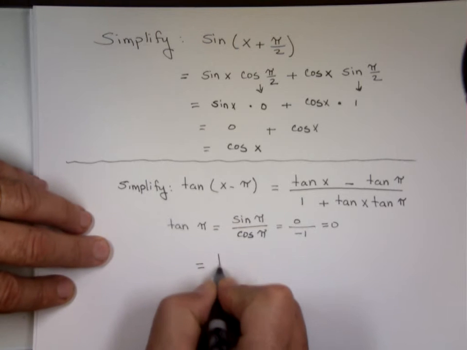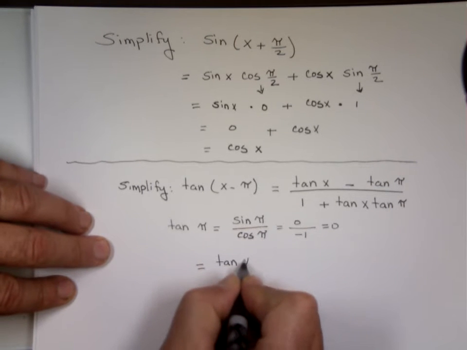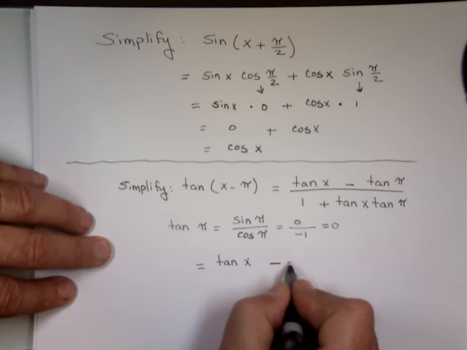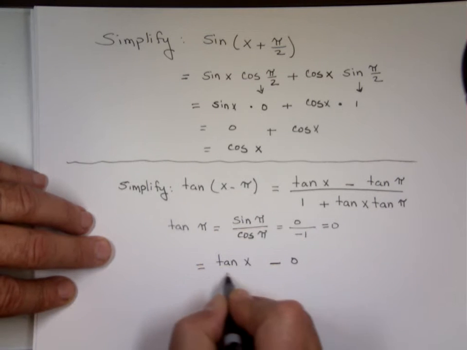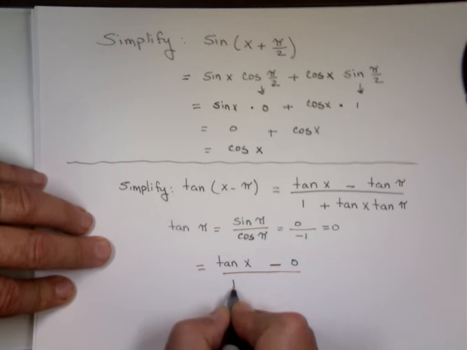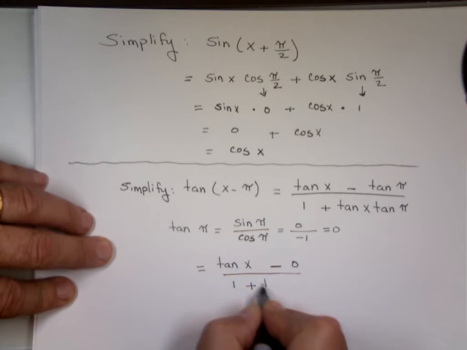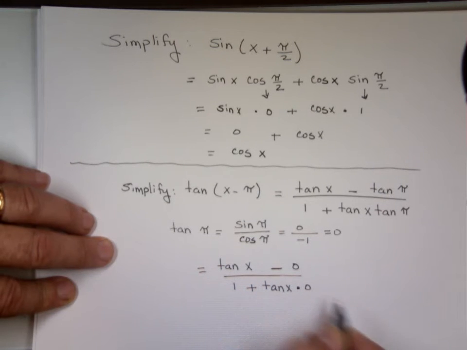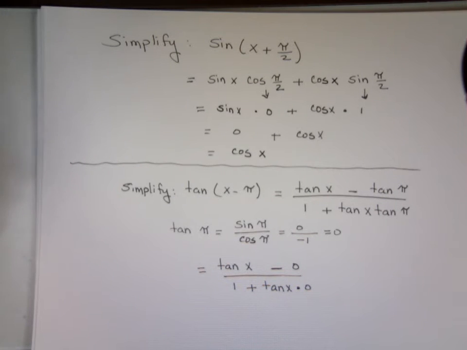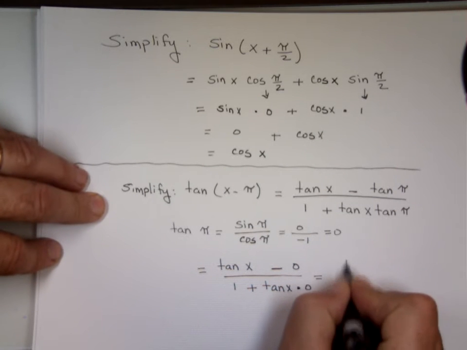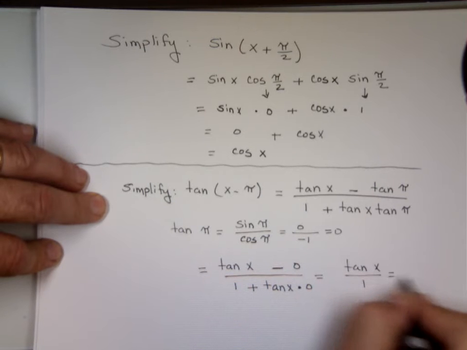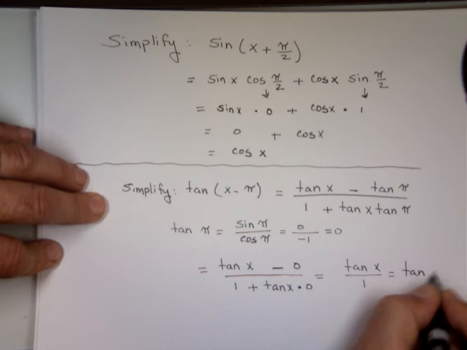That'll be tangent x minus 0, because tangent pi is 0, over 1 plus tangent x times 0. Tangent x times 0 is what? 0. Tan x over 1, which is tangent x.